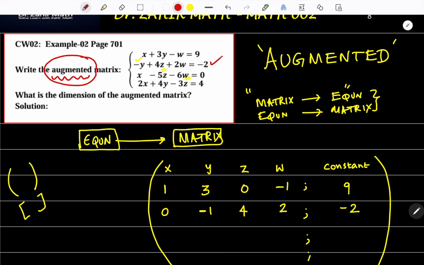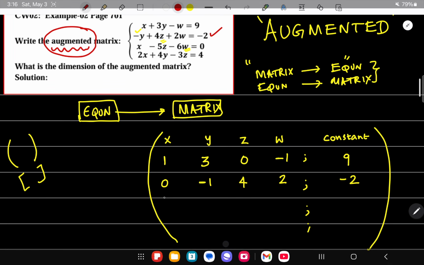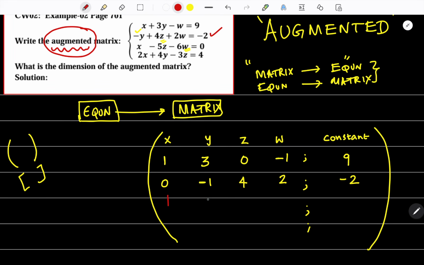So this is equation 2, right? Let's go for the next one. 1 is there, which is x. Y is not there. And z is minus 1. And w is minus 6. And then the constant is 0. So it is finished. Next, the coefficient of x is 2. Y is 4. And z is minus 3. And w is 0. Then you get a constant 4.